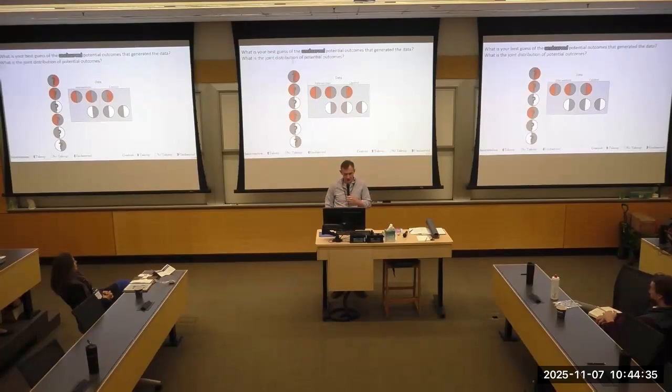So the question is not what's the average treatment effect of this intervention. That is already answered by the experiment. The question is what joint distribution of potential outcomes could possibly have generated this? It's the jump from the marginal statistics about the treated potential outcomes and control potential outcomes to asking questions about this joint distribution.